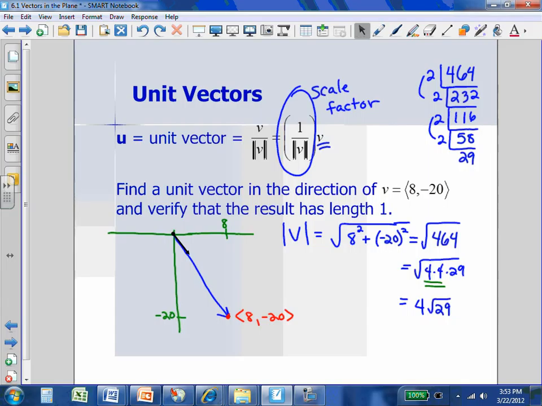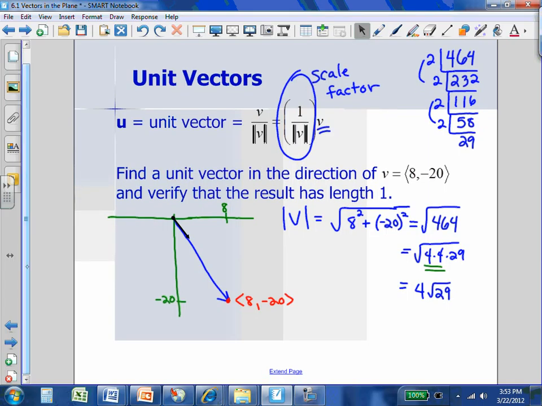Now the unit vector, the black one, that has the same direction but a different length, is going to be found by taking 1 over the magnitude that we just found, 4 root 29, times the vector v.